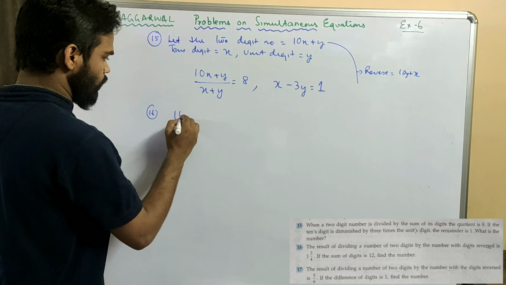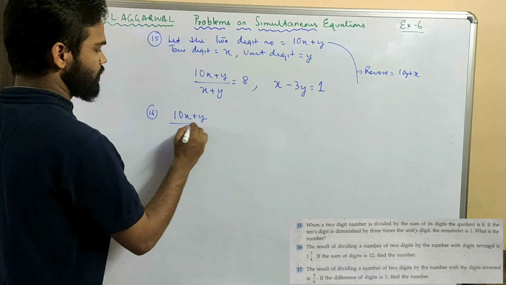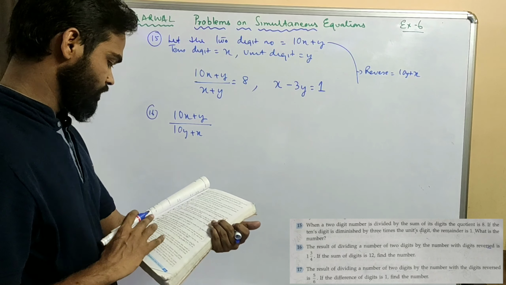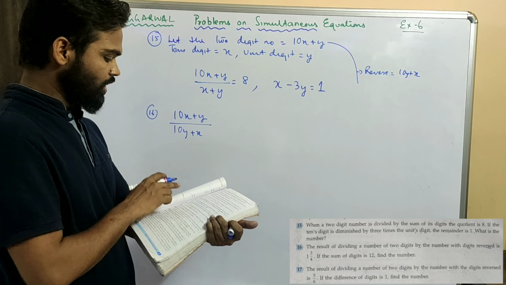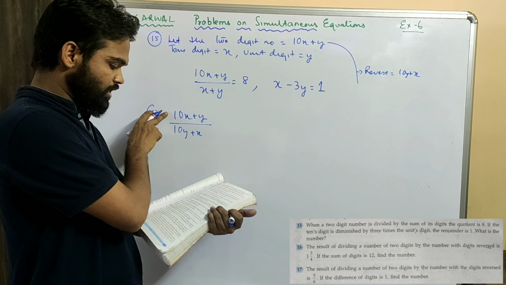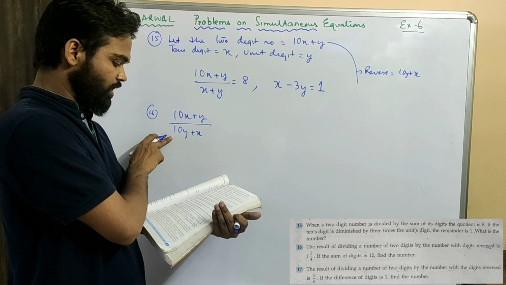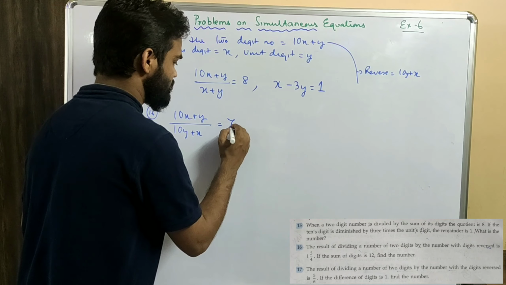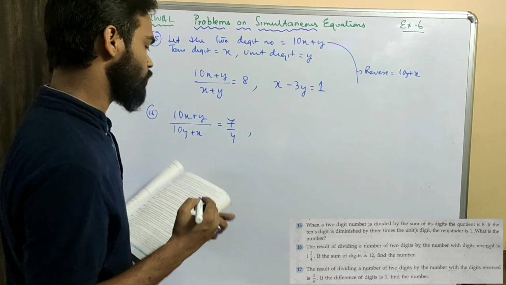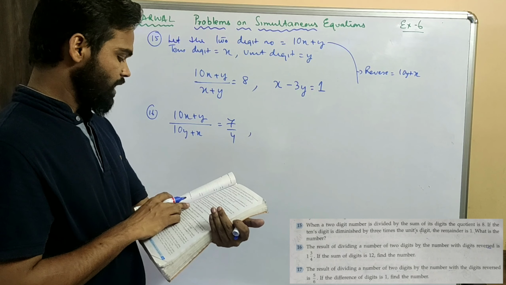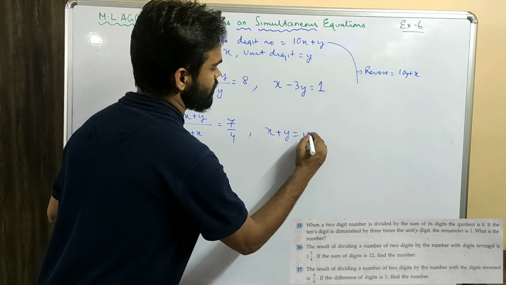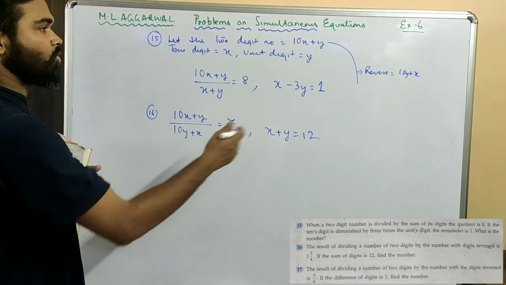So when you divide the number by the number with the digits reversed, see number 16. The result is 3 by 4, which means 7 by 4. That's my first equation. And if the sum of the digits is 12, come on, this is very easy. Done. So these are your two equations.